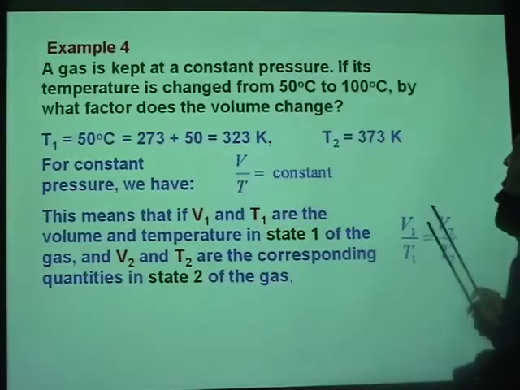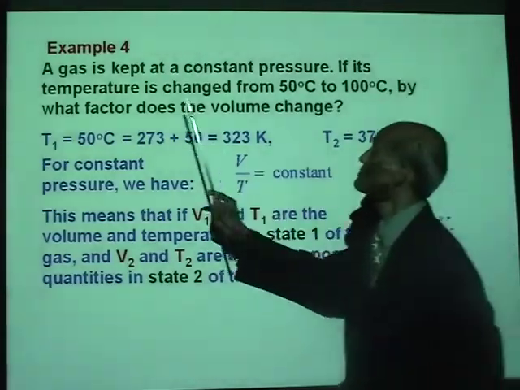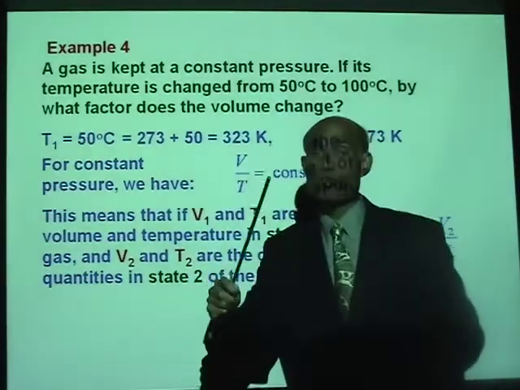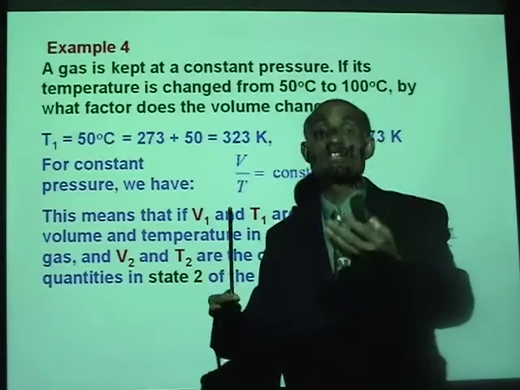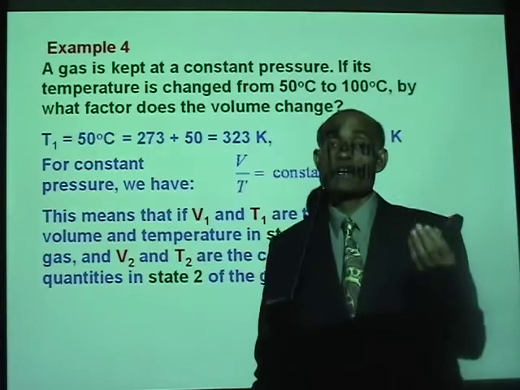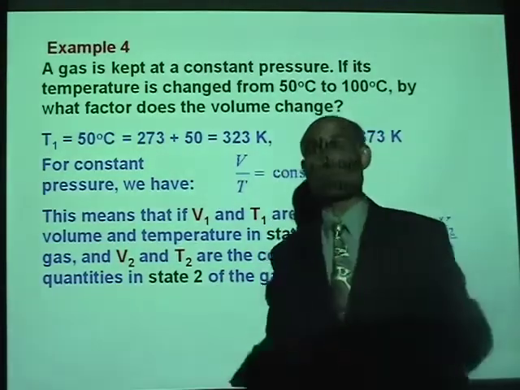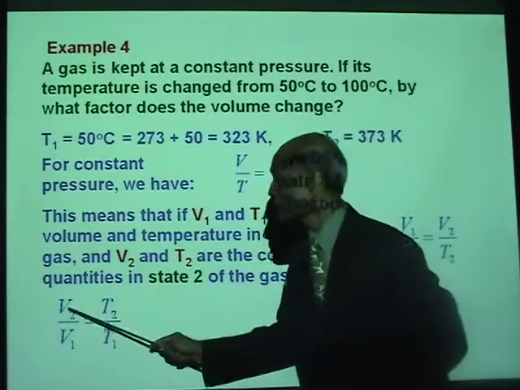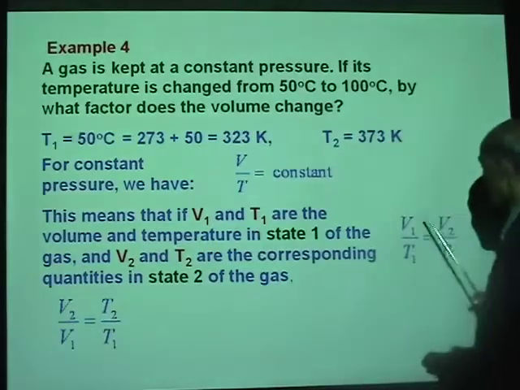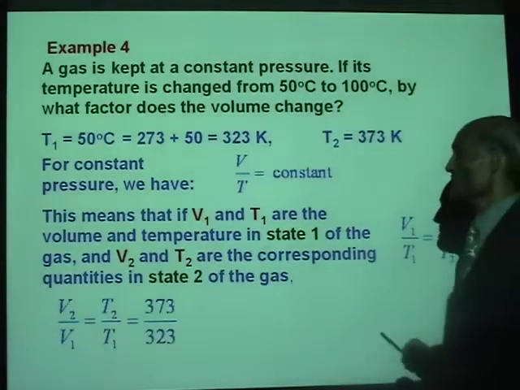Alright, we know T1 and T2, therefore what are we supposed to find? By what factor does the volume change? We want a relation between initial volume and final volume. Or the question is, the final volume is what part of the initial volume? So we would write it like this, V2 over V1 equal to T2 over T1.